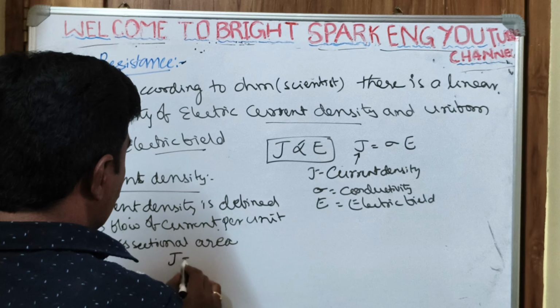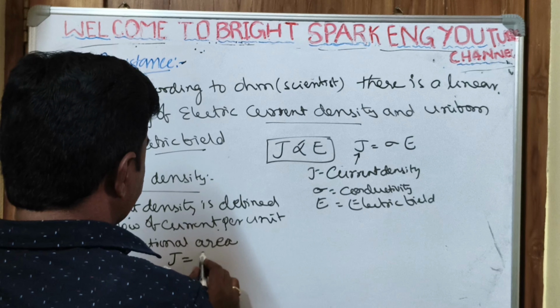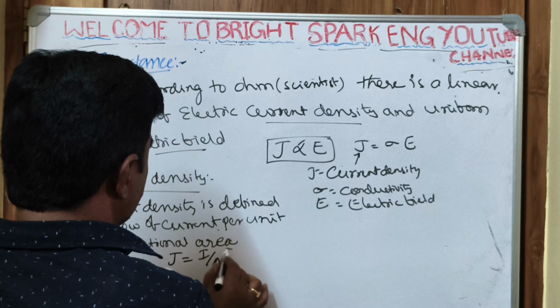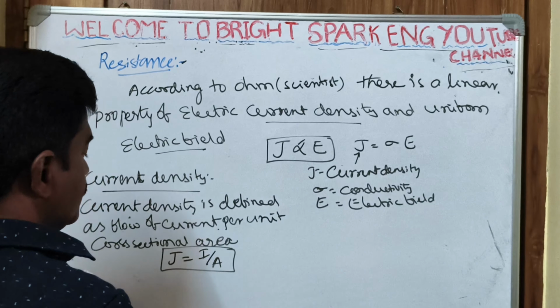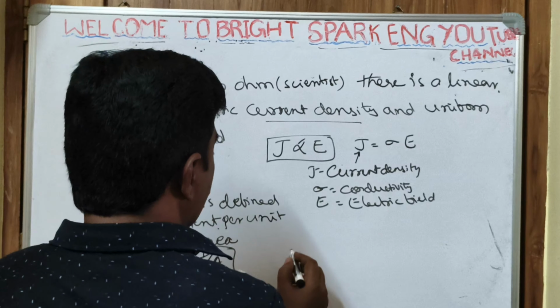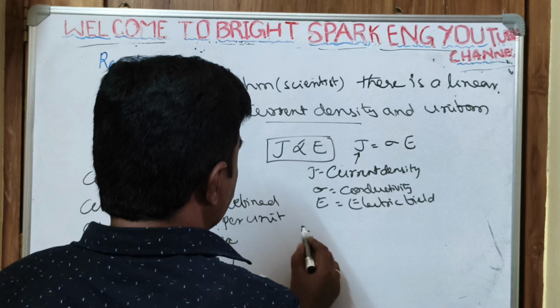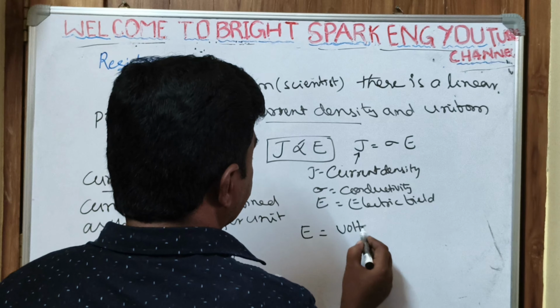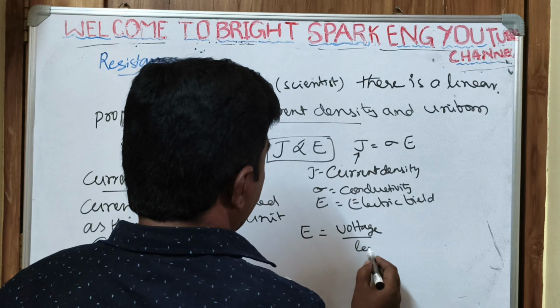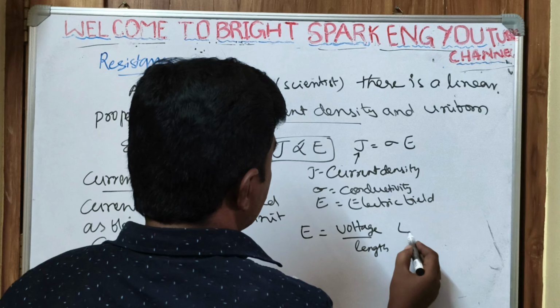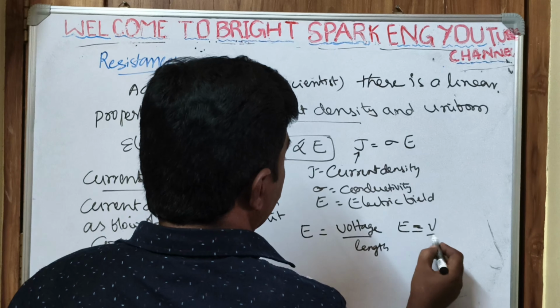That is called J is equal to I by A. Here the electric field E is equal to voltage by length, that is E is equal to V by L.